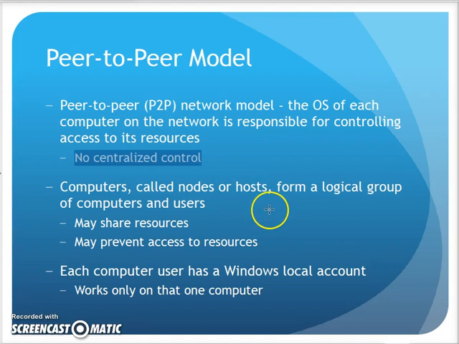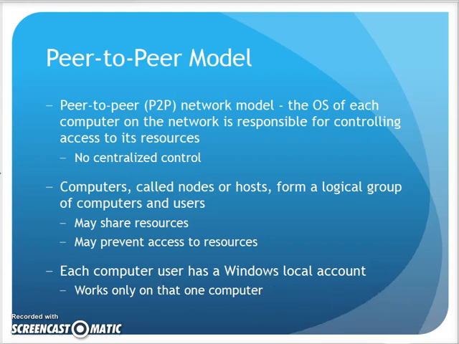Now, you can set up a shared folder. You can set up a printer to share, all those kinds of things that allow you to have a super basic network without the cost of a server, the cost of the server operating system, and all that jazz. Peer-to-peer model, many times sharing things on a basic level. This is how it gets done. Each computer has the control over what gets shared and what does not.